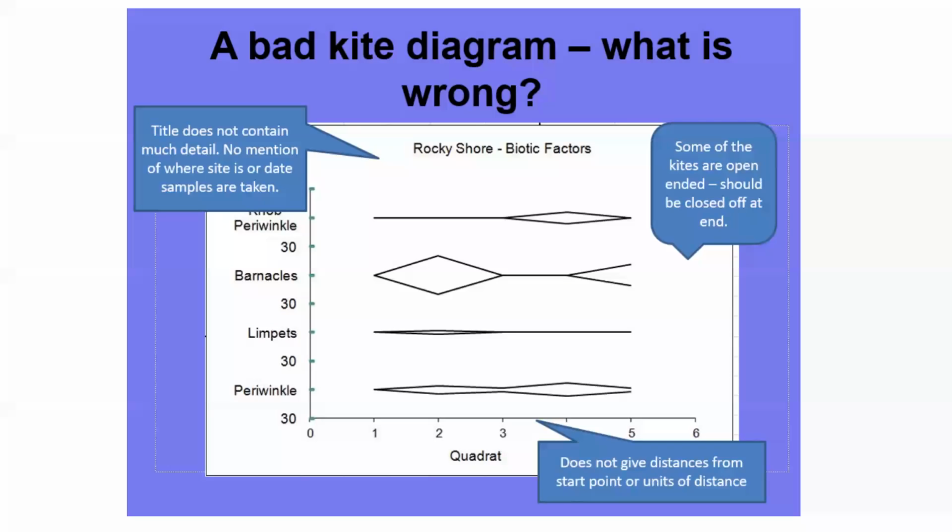Then some of the kites are open, like you all told. Does not give distances from the starting point or units. That is, x-axis is not properly labeled. And because there is no central line, the kites are not starting from the y-axis point. So you have to make sure that your kite diagram doesn't look like this.